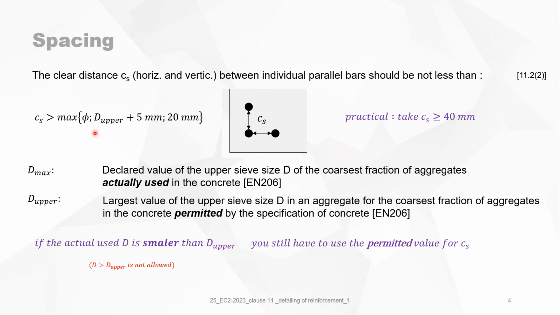It's not because you use a concrete with D max equal to 16 that you can plug 16 into this formula. You must look at the environment, and you must decide from the conditions stated in EN 206 what is the permitted maximum coarse aggregate size.